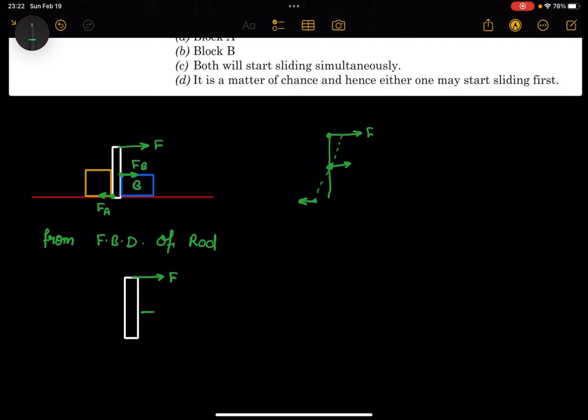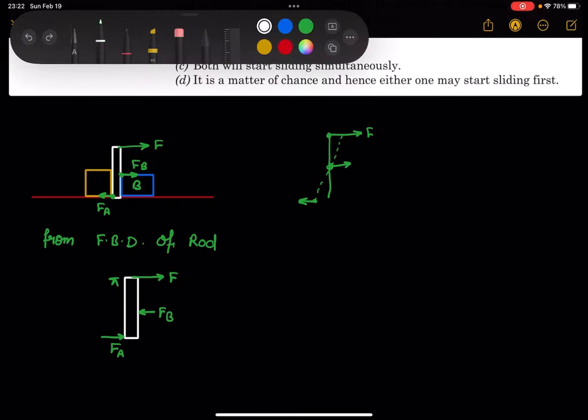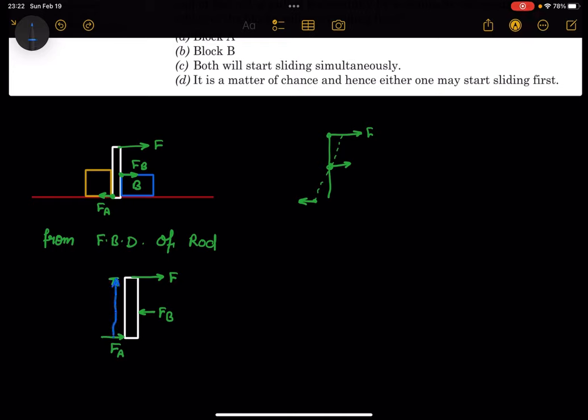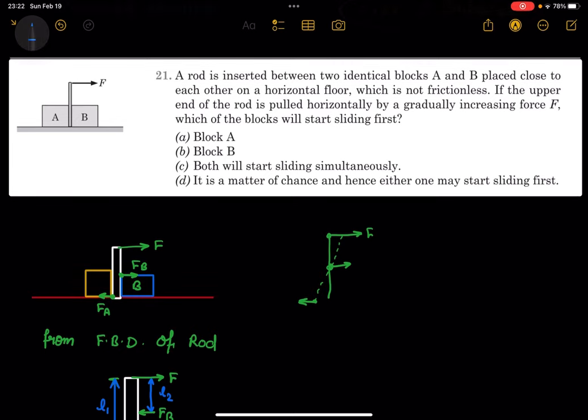The force the rod applies on block B is FB, and the same force applied by the block on the rod is also FB. So this side is FB. Similarly here it is FA. Now just listen. Let's assume this length is L1 and this length is L2.